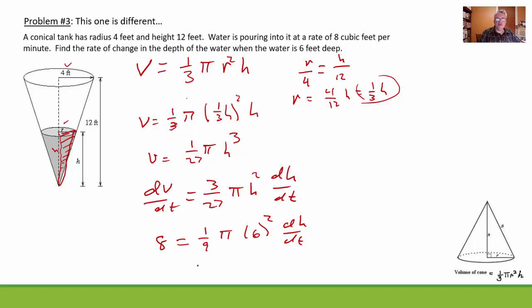Okay, if we solve for dh/dt, we get dh/dt equals 8 times 9 divided by pi times 36, which ends up being 2 over pi. And 2 divided by pi is about 0.637, and this would be feet per minute, since those were the units for this problem.